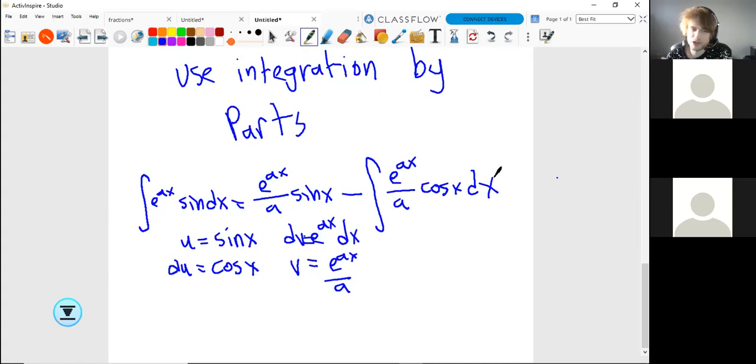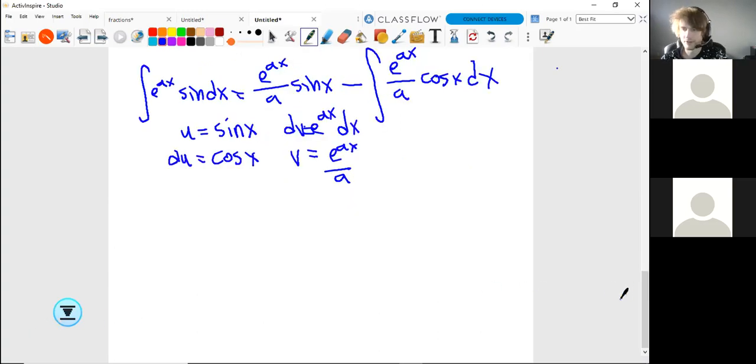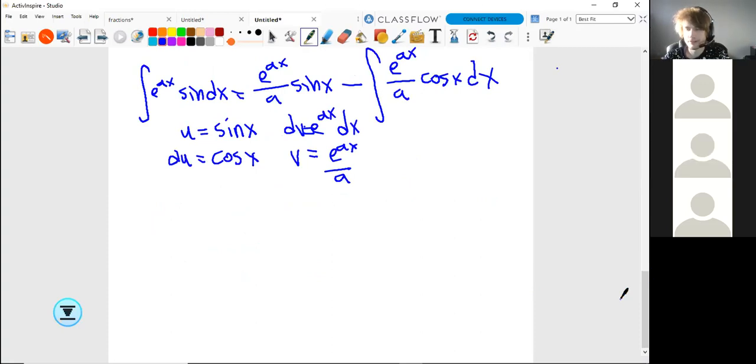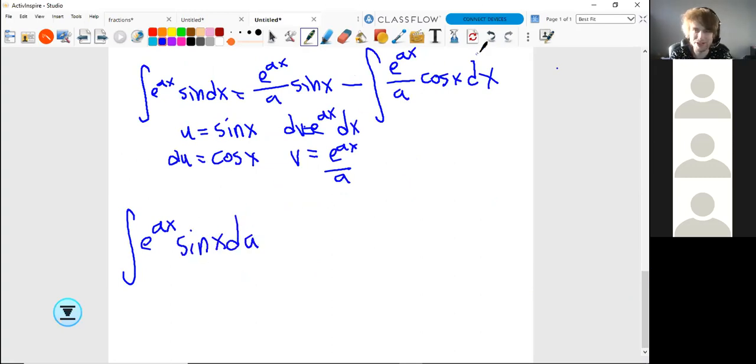Because it looks like we just turned this problem into sort of an equal problem, right? So what should we do about it? Can you integrate again? Yes, that's pretty much exactly it. You just use integration by parts again.